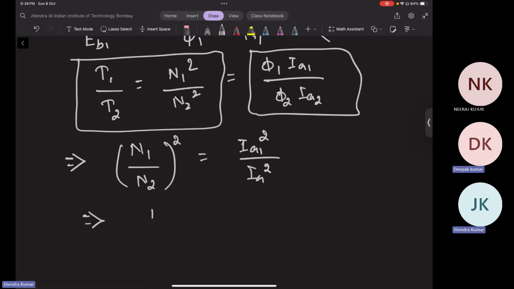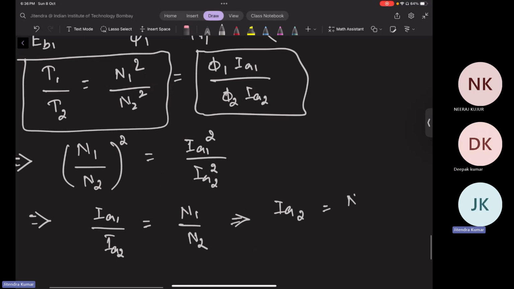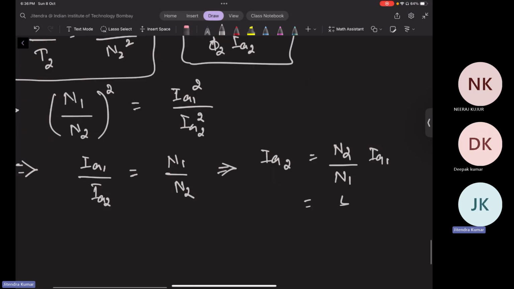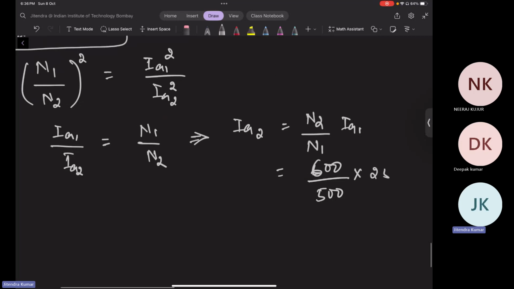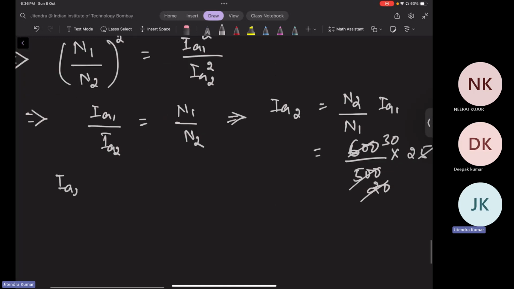So which will give us IA1 by IA2 is equal to N1 by N2, which will be further equivalent to, we want to find IA2, N2 by N1 into IA1. So N2 is 600 divided by 500 into IA1 is 25. So IA2 we ended up finding out 30 amps.